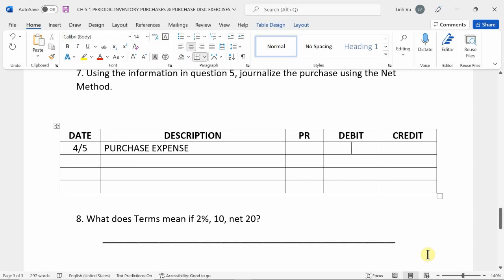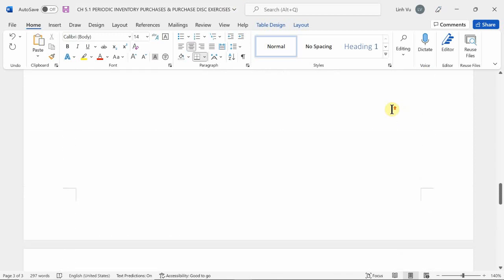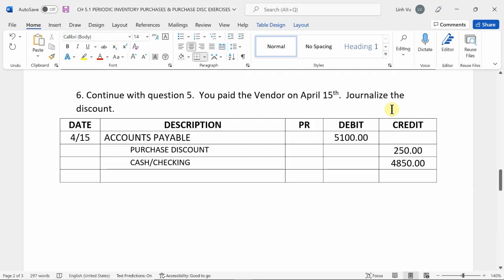Will it be the 48.50? Now 48.50 includes shipping, doesn't it? So what can I discount? It would be the 5,100.